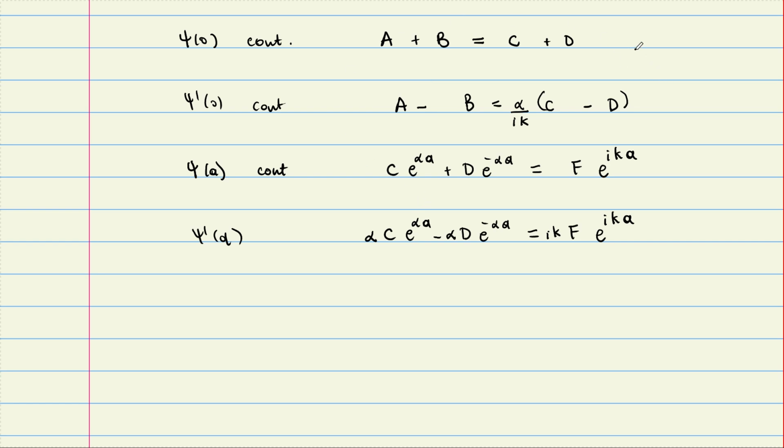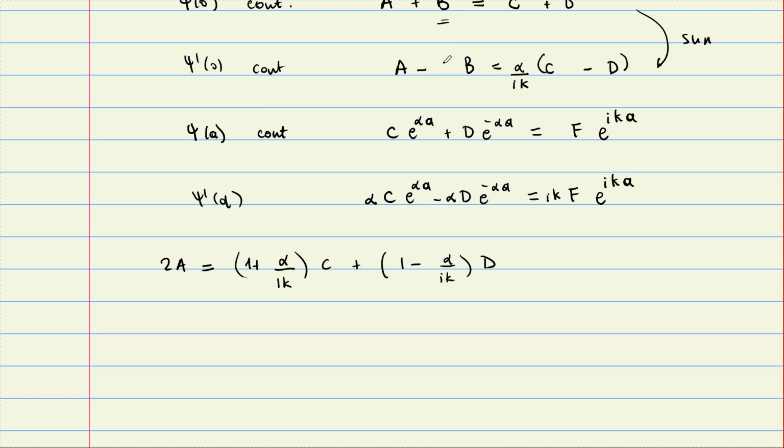If I sum these two, B's are going to cancel, and I'm going to find 2A is equal to, there's one C coming from here, another C coming from here, 1 plus alpha over ik C plus 1 minus alpha over ik D. So I eliminated one arbitrary coefficient B.